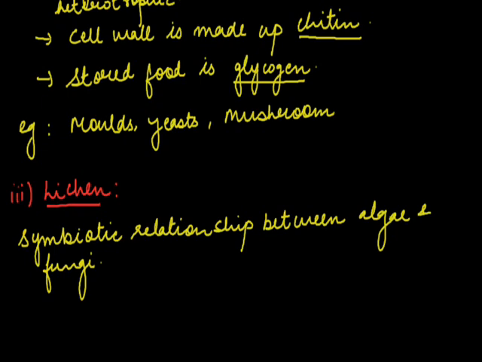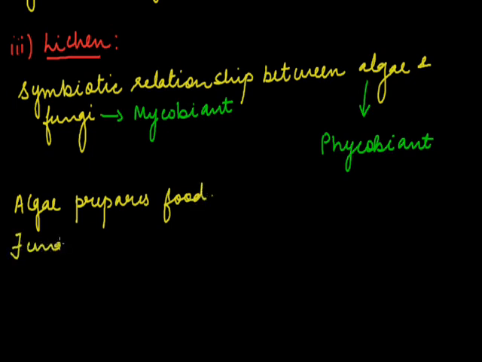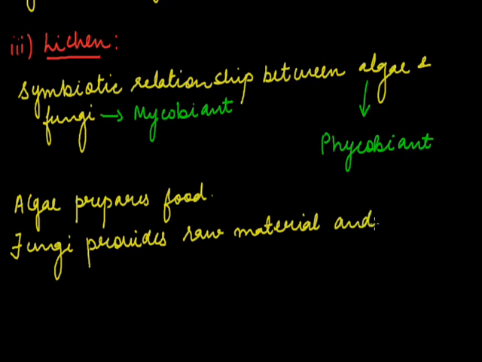The algae partner is called the phycobiont, whereas the fungus partner is known as the mycobiont. As algae possess chlorophyll, it prepares the food, whereas the fungus provides raw material and gives shelter.